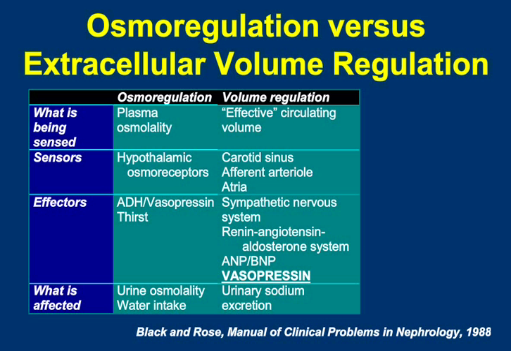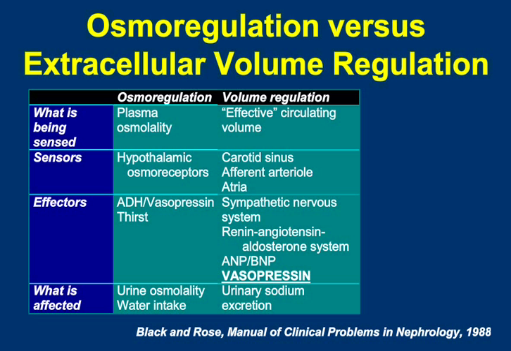Hypothalamic osmoreceptors sense osmolality, whereas blood pressure and perfusion is sensed in the carotid sinus, afferent arteriole, and in the atria on a negative level to release ANP and BNP. The effectors of osmoregulation include vasopressin and thirst, whereas there are many effectors of volume regulation: the sympathetic nervous system, which increases salt absorption in the kidney, the renin-angiotensin-aldosterone system, which affects salt absorption all along the tubule, and ANP and BNP, which negatively regulate salt excretion.